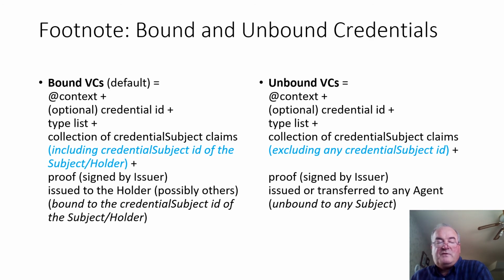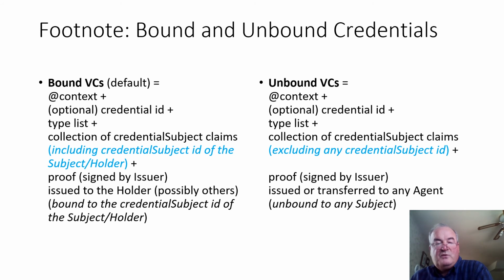What most people are familiar with are bound credentials, the default meaning of a VC. So it has context, it has a credential ID, it has a list of credential types, both sides. It has a collection of credential subject claims, name value pairs, and one of those claims needs to be the ID of the holder, which is equal to the subject.